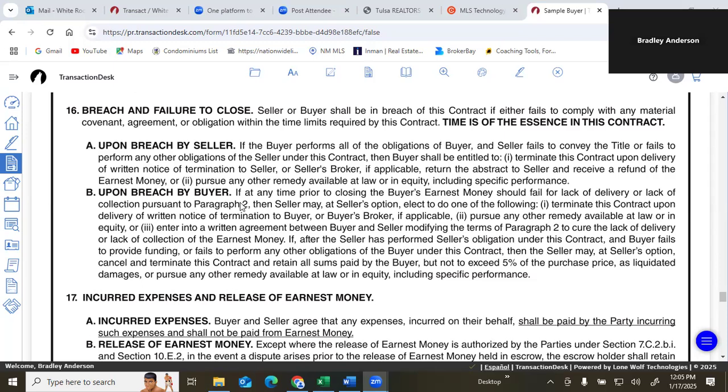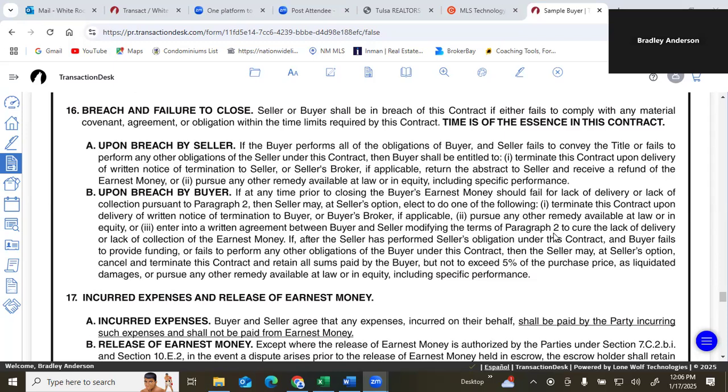Upon breach by the buyer, if at any time prior to closing the buyer's earnest money should fail for lack of delivery or lack of collection pursuant to paragraph 2, then the seller may, at seller's option, elect to do one of the following: terminate the contract upon delivery of written notice to the buyer, pursue any other remedy available at law or in equity, or enter into a written agreement between buyer and seller modifying the terms of paragraph 2.